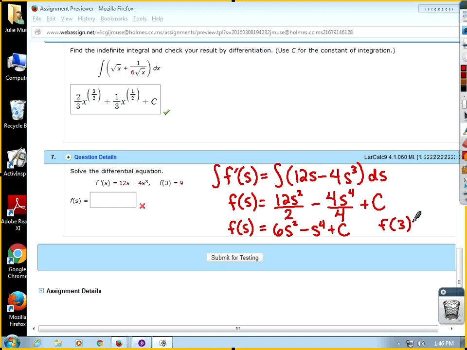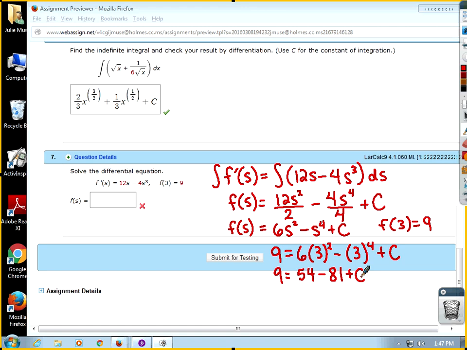Okay, so now we're going to substitute this initial condition that f of 3 is equal to 9. So we're going to plug in 9 in place of our f of s, and we're plugging in 3 in place of our s, and we're solving for c. So 6 times 9 would be 54, minus 3 to the 4th, which is 81, plus c.